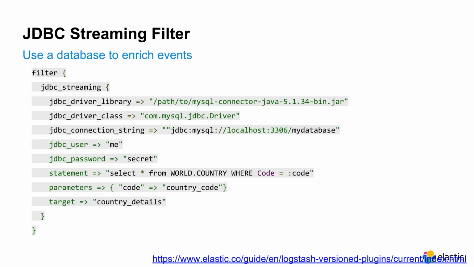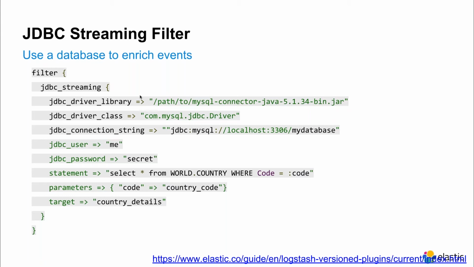JDBC is one such popular way to talk to RDBMS systems. JDBC means Java Database Connectivity. You have these jars available for each of these RDBMS systems. All popular vendors publish these jars, which contain the Java classes through which you could talk to the SQL server, run queries and get data.